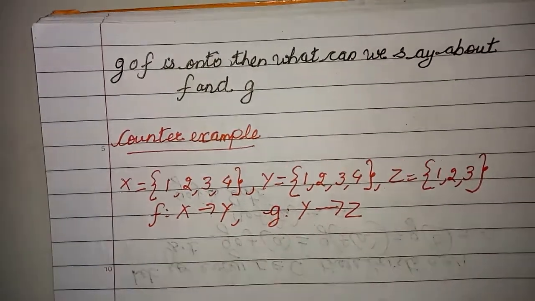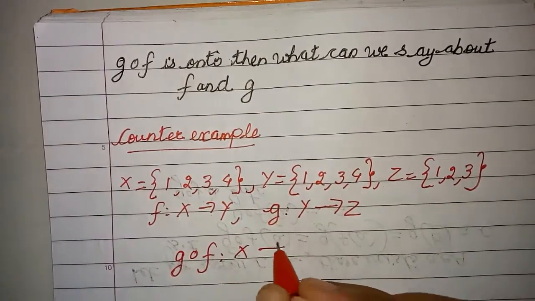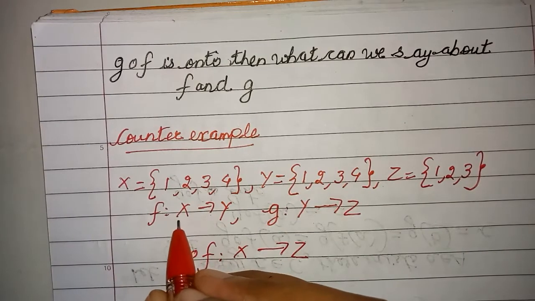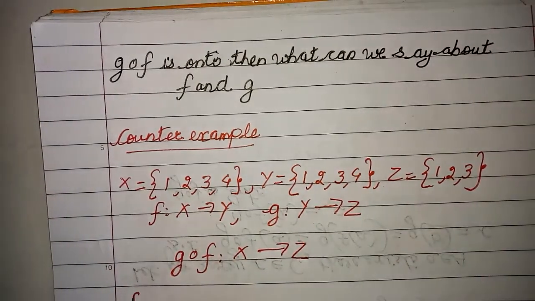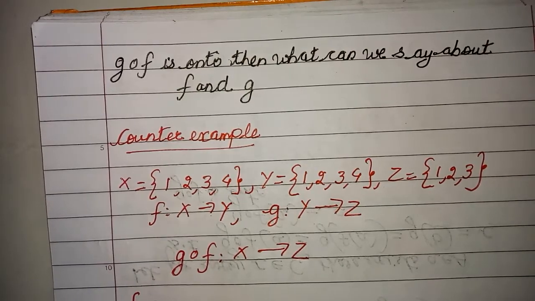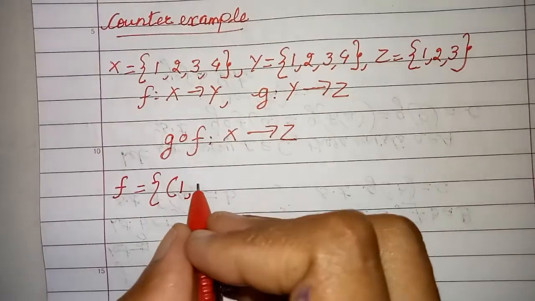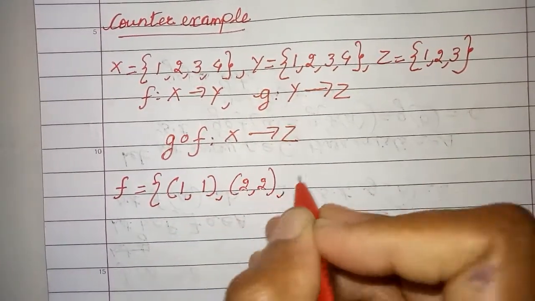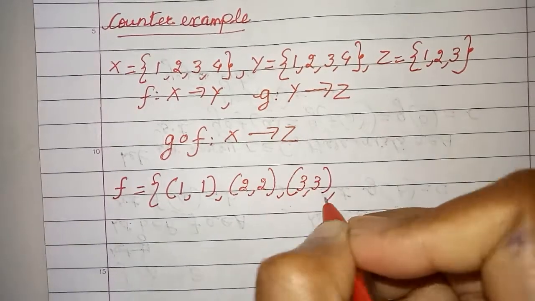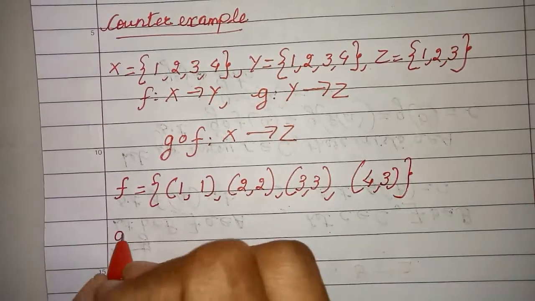So I can have g composite f running from X to Z. Now I should have the definition of how the elements of X go to Y, or the elements of Y go to Z. Here I have f defined as f of 1 is 1, 2 is 2, 3 is 3, and 4 is 3. Now I have function g.